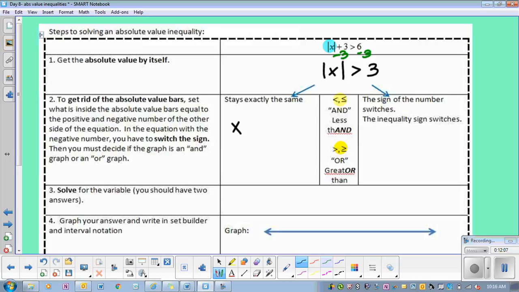So it's x is greater than 3. Right? And for the second one, the sign of the number switches and the inequality sign also switches. So now it becomes x is less than, what kind of 3? Negative 3. Okay?